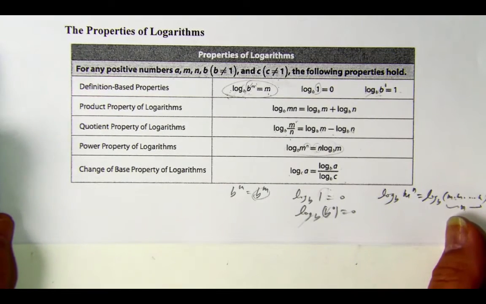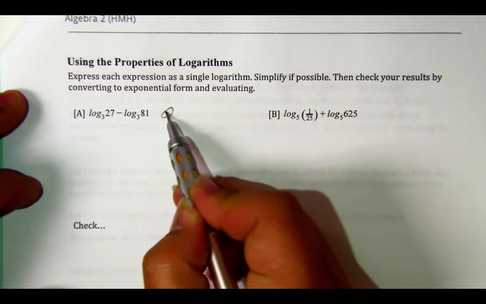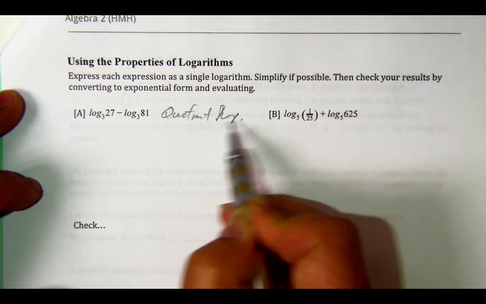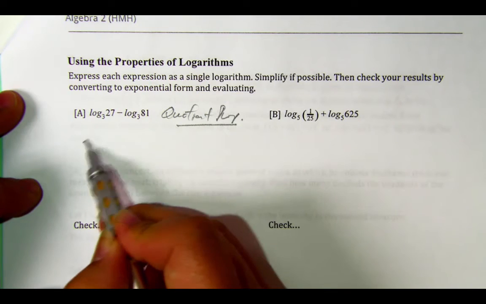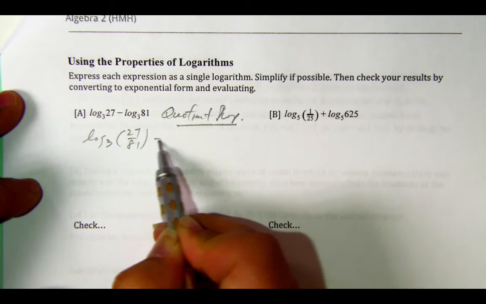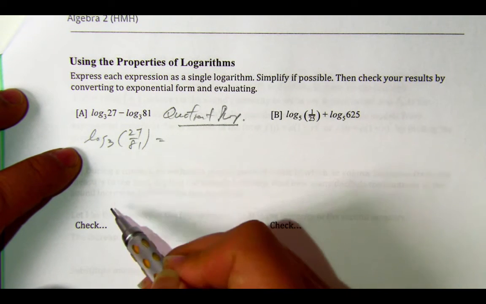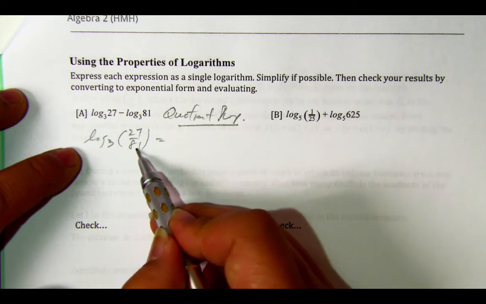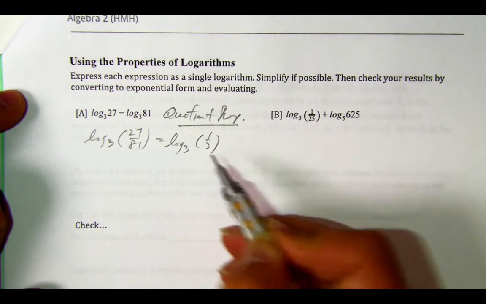Let's do a couple of problems, guys. So how do I do this? Well, if you're subtracting, according to the quotient rule, the quotient property says that we could actually divide these two values, log base 3 of 27 over 81. And that simplifies to, hold on, yeah, 27 goes into 81 3 times. So that's log base 3 of 1/3.